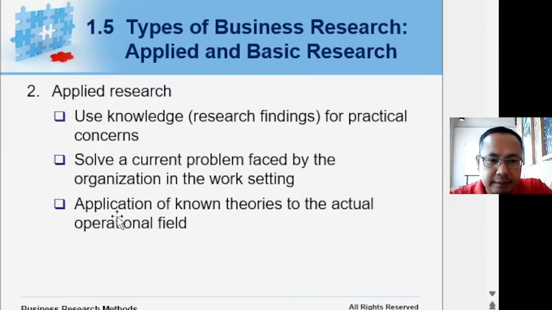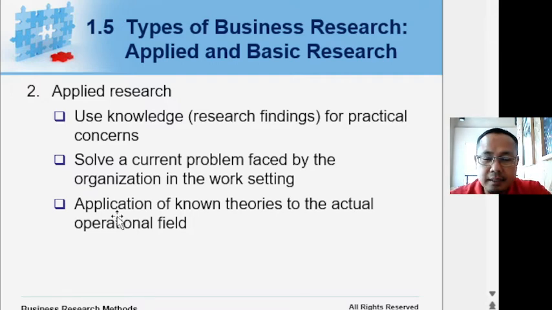Okay, and then the second type of business research is applied research. That is using knowledge or research findings for practical concerns, to solve a current problem faced by an organization in a work setting.